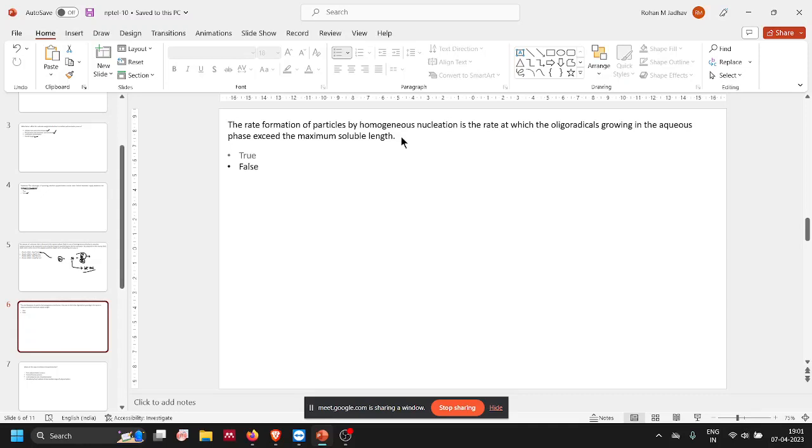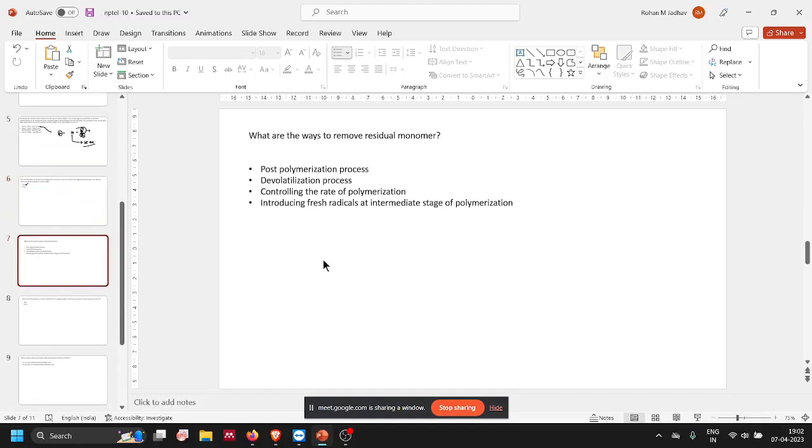On top of that, the critical length depends upon the composition of the oligoradicals. So this determines the rate, and this is related to the rate expression for the homogeneous nucleation process. So yes, it's true.